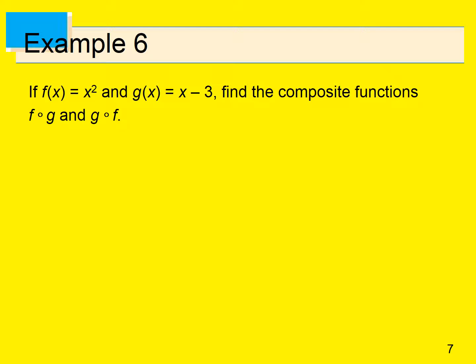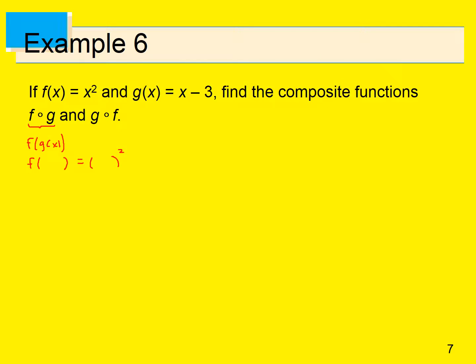Well, let's see. F composed with g, now we know that is f of g of x. Now what is that? Well, f of anything is the square of that thing.